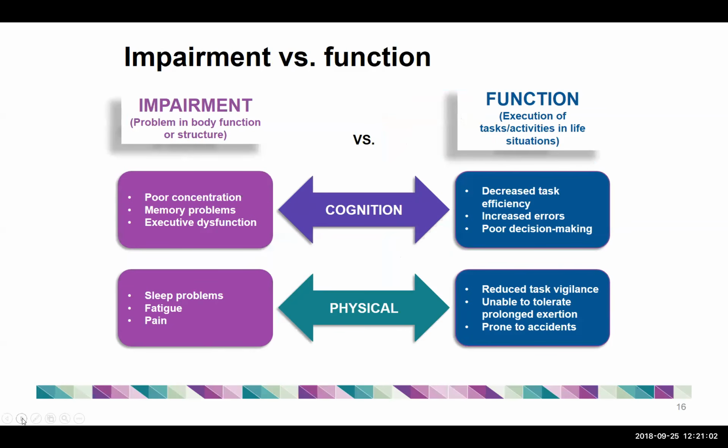It's measured via tests, and it can also be observed via symptoms. So an impairment really describes how the patient feels, okay? Whereas the function is more what can they do, feeling versus doing. Function in this context is the execution of tasks and activities in life situations.